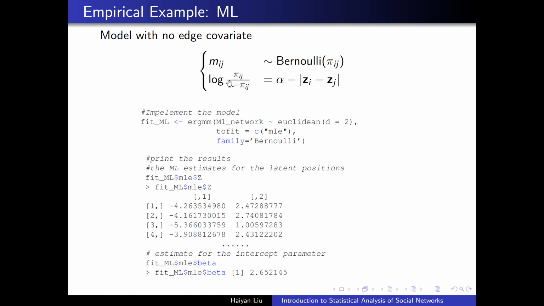We could also get the intercept estimate when we fit the model to the college friendship network. Alpha hat is 2.65. This is the baseline connection: when 2 persons share exactly the same position, how likely they are to connect to each other. That's the baseline probability for 2 actors to connect to each other if they share exactly the same position in the latent space.